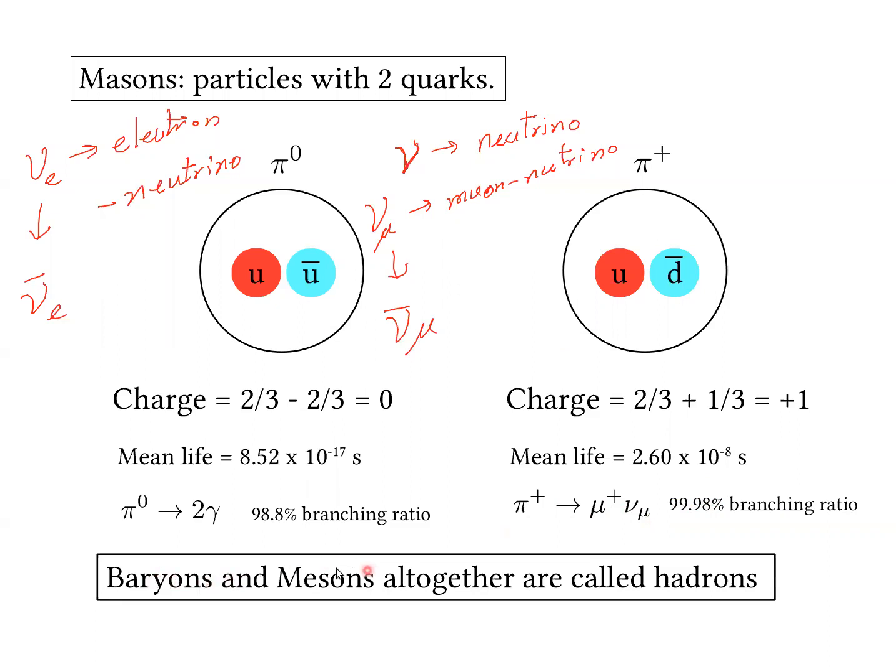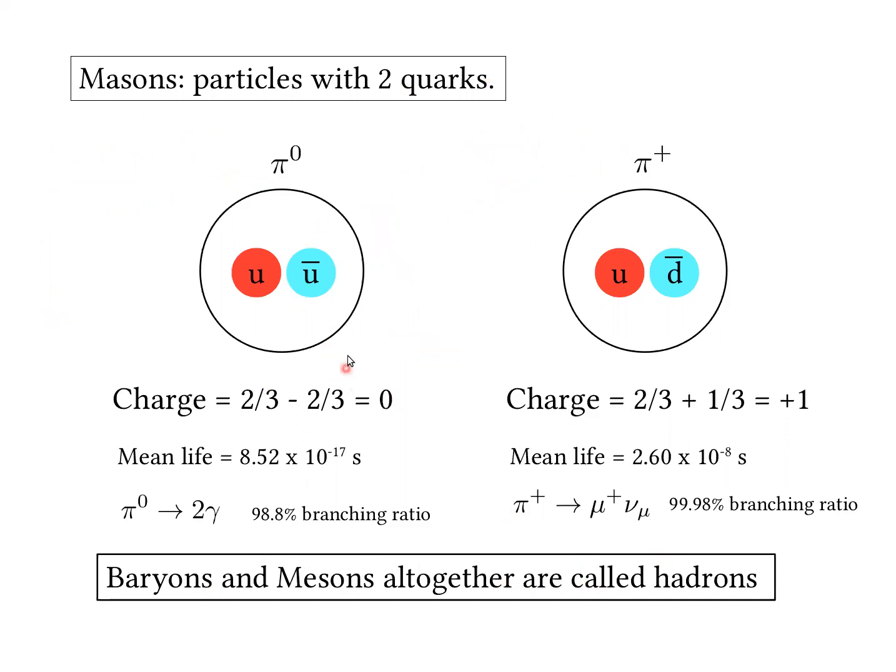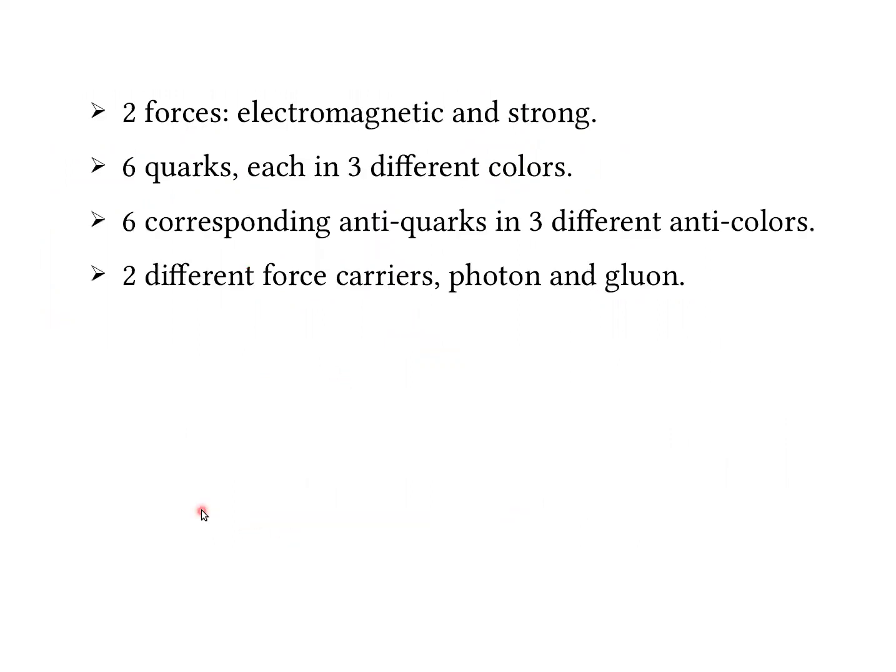The baryons and mesons all together we call hadrons. So proton, neutron, pions, lambda are all hadrons. Hadrons have some internal structure made up of quarks, two or three.